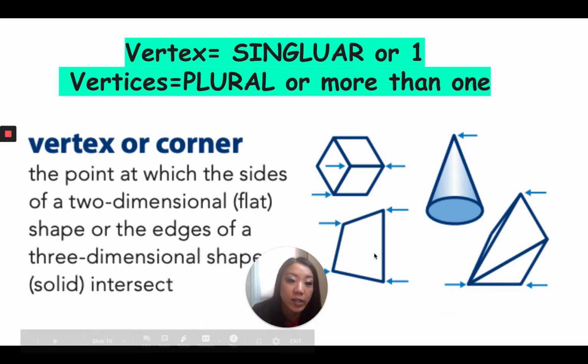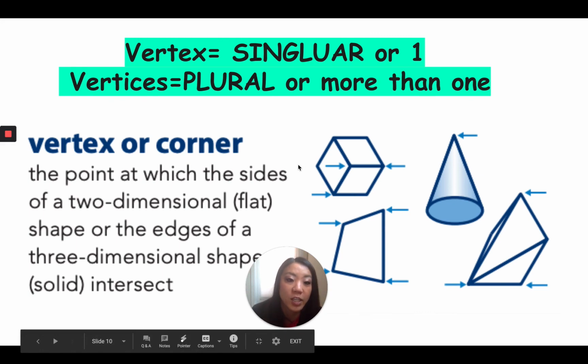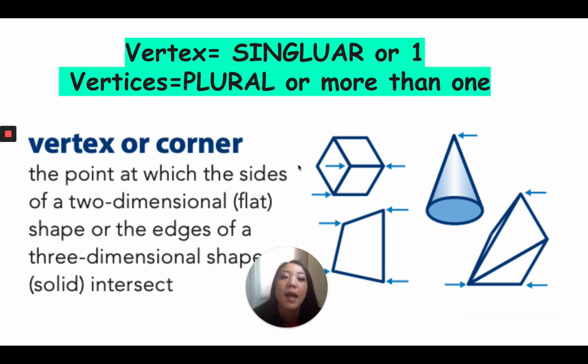But if you look at this shape, which is a cube on top, that would actually be a 3D shape. It has more than 1 corner, so you would say vertices for plural, okay? And then this shape right here, this is a 2D shape because it's flat. It has 4 vertices. See where those lines meet?